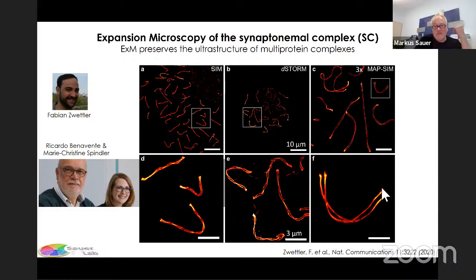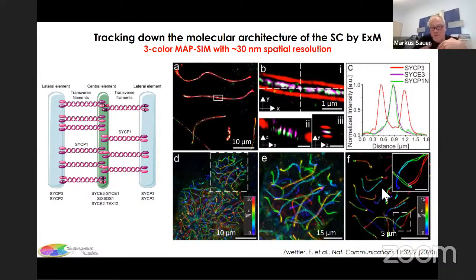And this allows you to do 3-color SIM of expanded samples and achieve thus 30 nanometer spatial resolution in a large field of view, 3 colors of a multi-protein complex. And this is quite easy. There is no real expertise required in order to do these experiments and finally move to a structured illumination microscope and put the sample on the microscope.